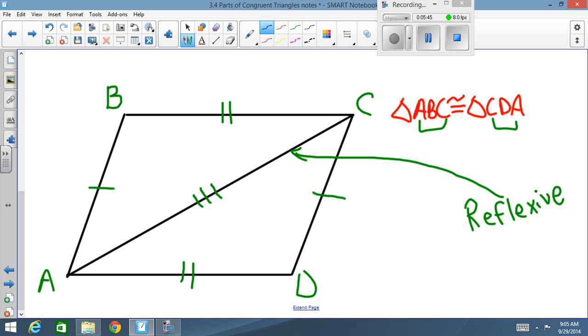All right, let's go angles. Angle A and angle C. Well, where is angle A? Is angle A here or is angle A here? We don't really know. What you want to keep in mind is that you're dealing with two different triangles here. This is the triangle ABC. So when I'm talking about angle A on that triangle, that needs to be here.